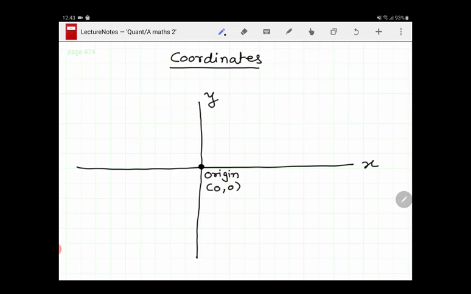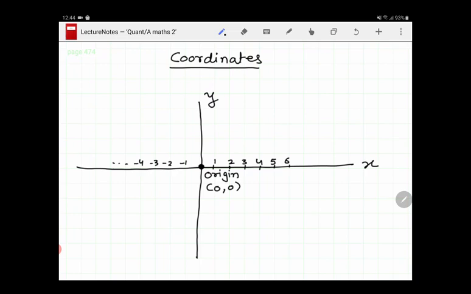Starting from the common point, on the horizontal x-axis, the points on the right are marked by 1, 2, 3, 4, 5, 6, and so on. These integral points are nothing but marking the location. Now you can mark them whichever way. Similarly, on the left hand side, we mark -1, -2, -3, -4, and continue.